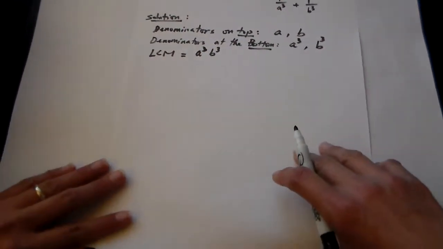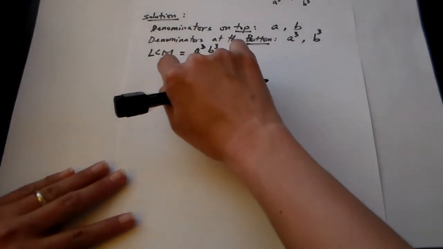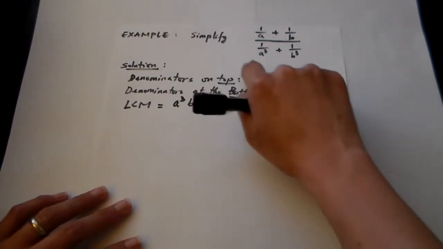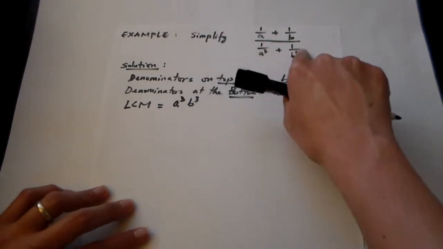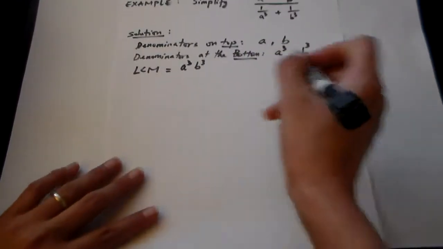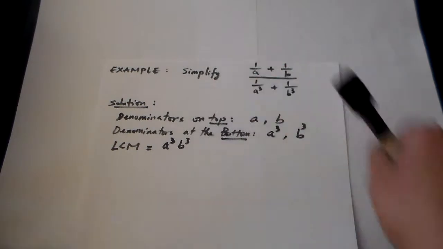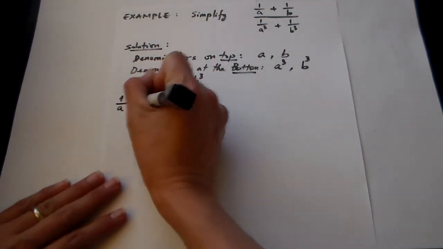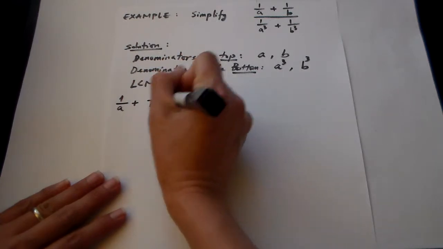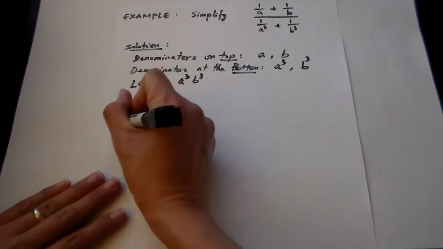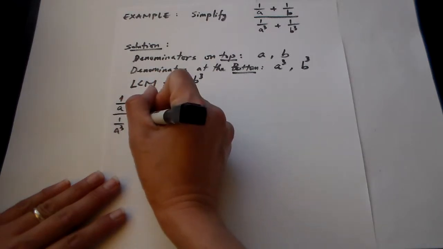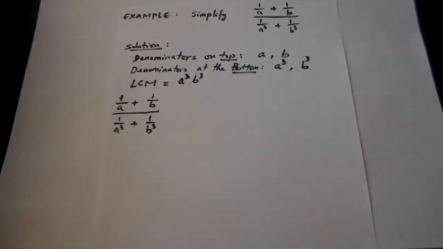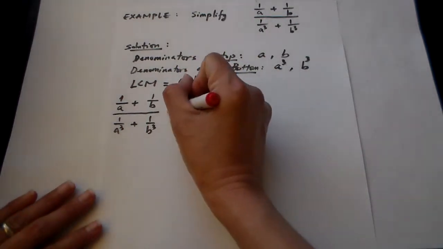Now that we know the LCM, we can multiply the complex rational expression by the LCM on top and bottom. So let me rewrite the original expression: 1 divided by a plus 1 divided by b, divided by 1 divided by a to the third plus 1 divided by b to the third, and multiply by the LCM on top and bottom.